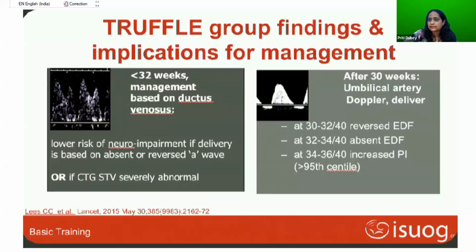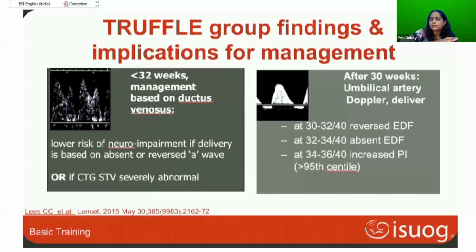Till the time the ductus is normal, you can continue the pregnancy. When there is absent A wave or reversal of A wave in the ductus venosus, that is the point where we have to deliver the fetus. We find there is low risk of neuro impairment if delivery is based on the absent or reversed A wave.